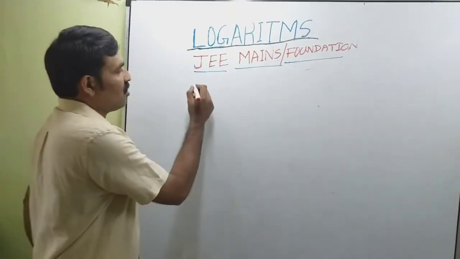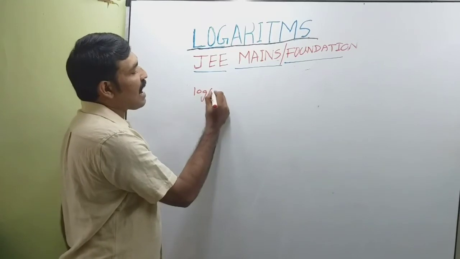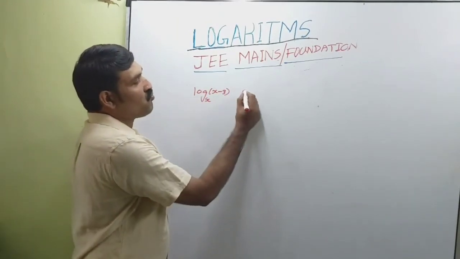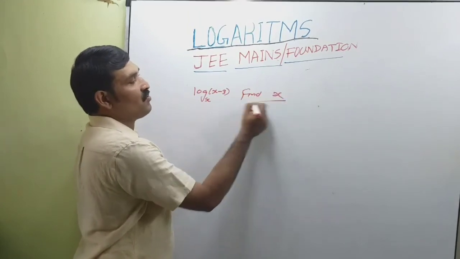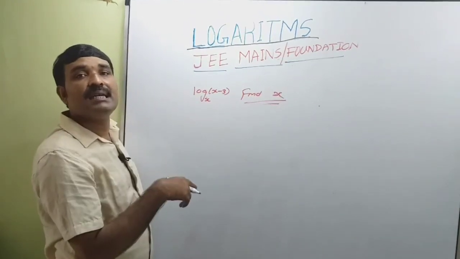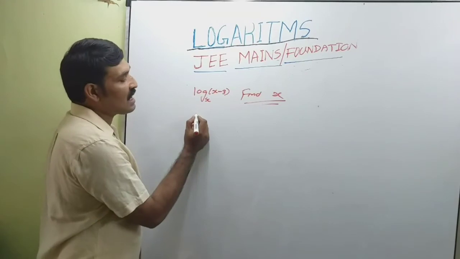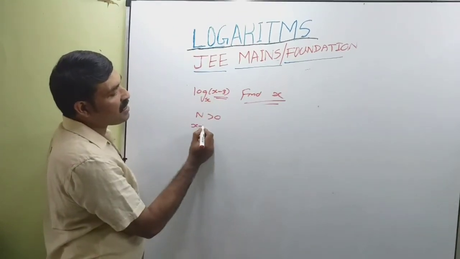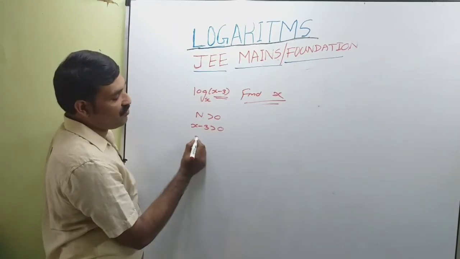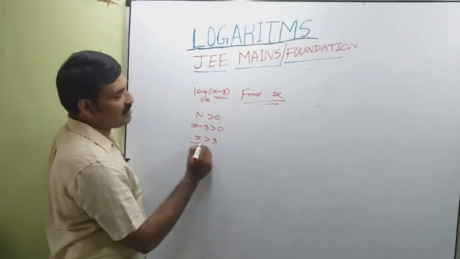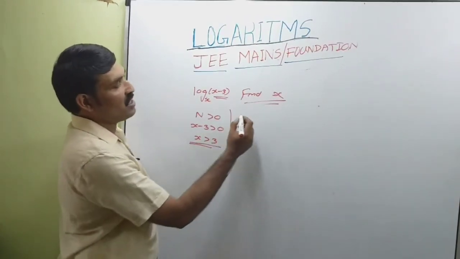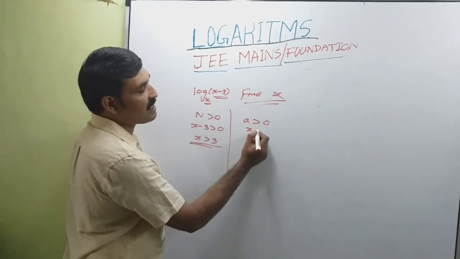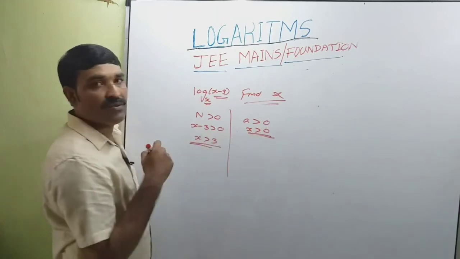Log of x minus 3 to the base x. Find x for which this function is defined. Our first condition is n greater than 0, that means x minus 3 is greater than 0, or x is greater than 3. The second condition is base greater than 0, that base is x, so x is greater than 0.